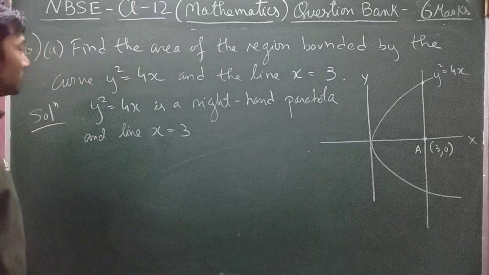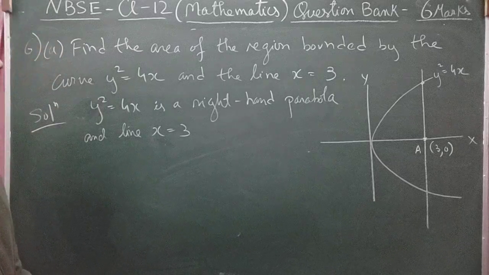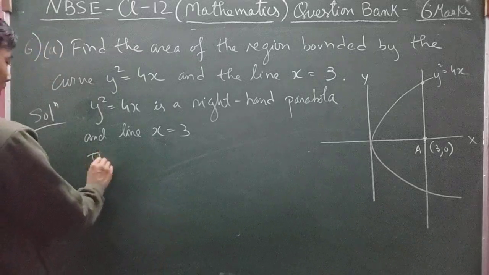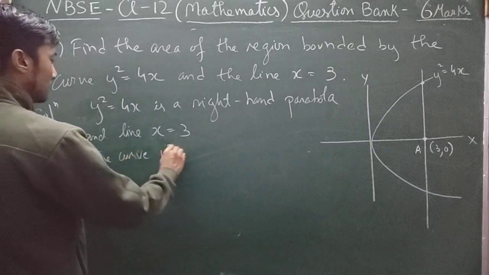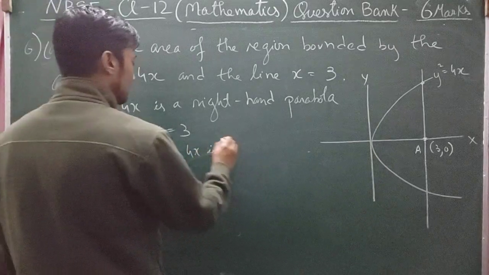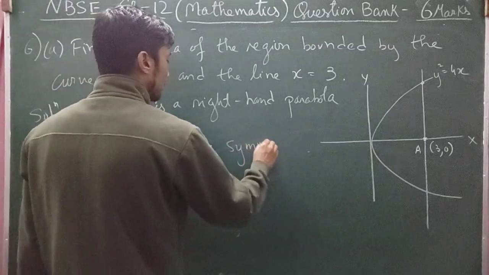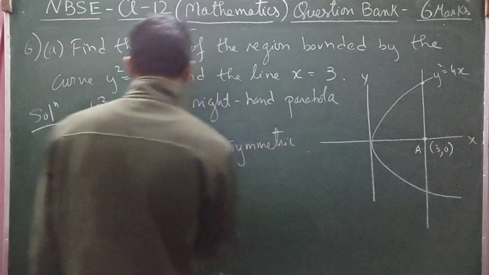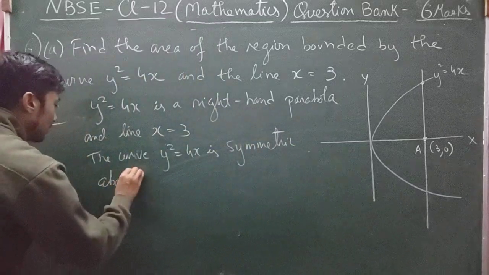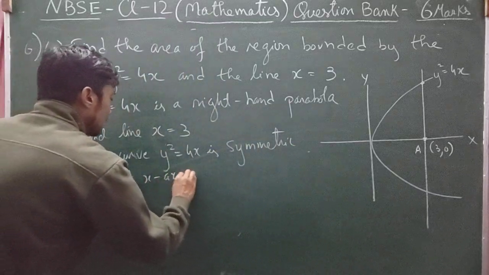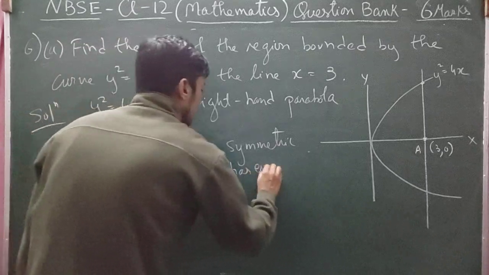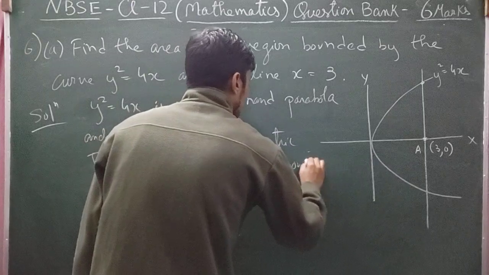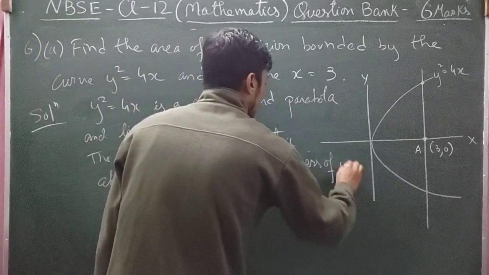So find the area of the region bounded by the curve y square equal to 4x. Okay, the curve y square equal to 4x is what? Symmetric. S-Y-M-M-E-T-R-I-C. Symmetric about x-axis as it has even powers of y.